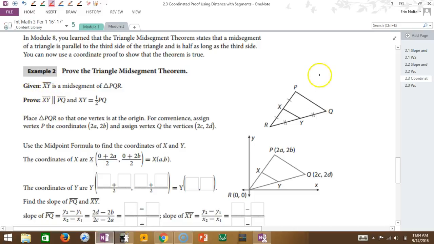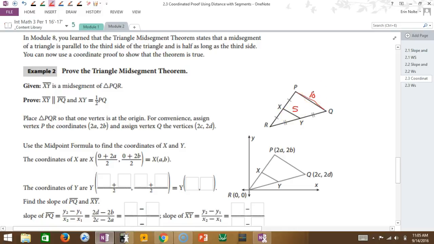Okay, so if we have a triangle, calling it PQR here, and a midsegment is XY, so meaning X is in the middle of P and R, and Y is in the middle of QR. This midsegment is going to be half the length of this opposite side. So if this length is, let's just pretend for a second, 5, then this length here would be 10.